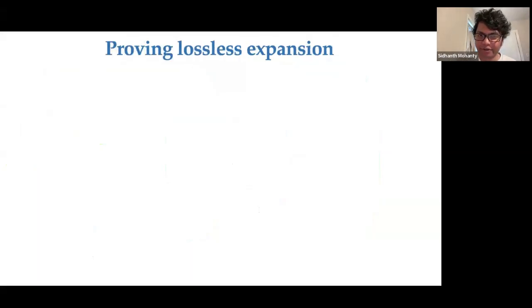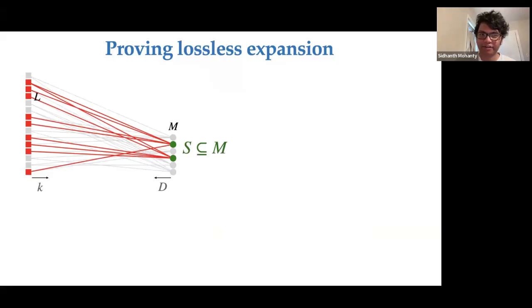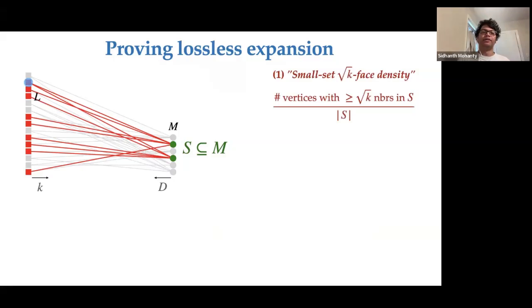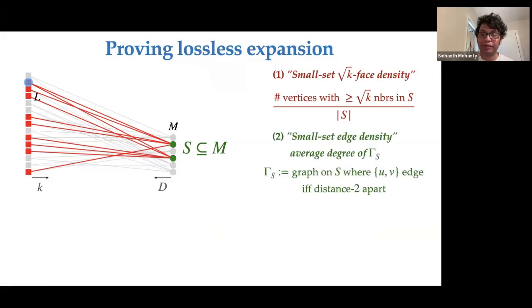Okay, and now just to go back and tell you all a little bit about how this circles back to proving lossless expansion. So we said that there were two combinatorial parameters that we wanted to get a handle on, which was the small set root k face density and the small set edge density.